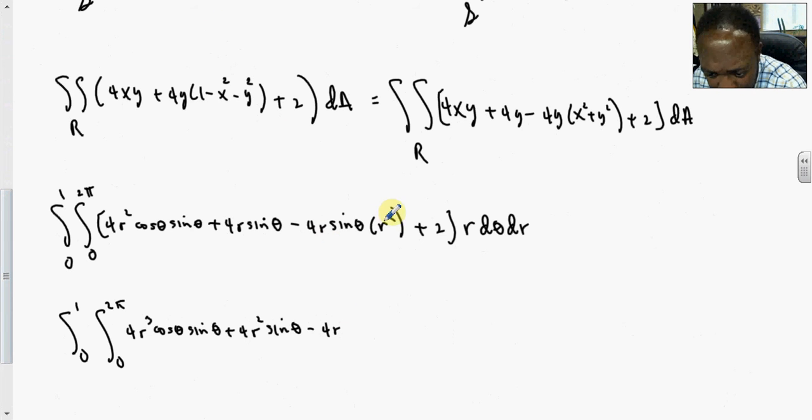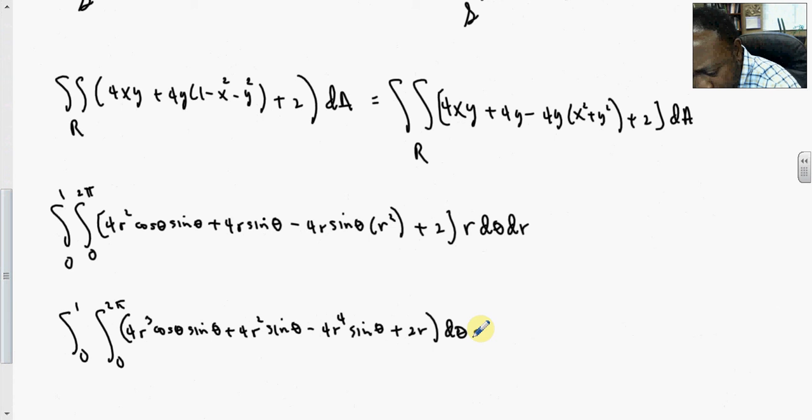Do you see that? This is r squared times r, so that's r to the fourth, sine theta, plus 2r, d theta dr.